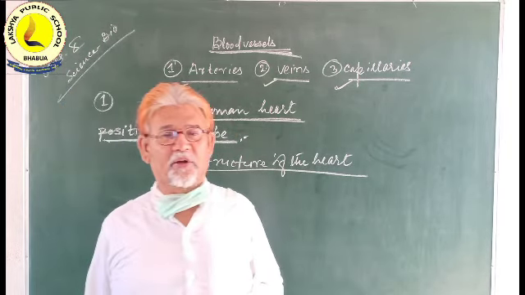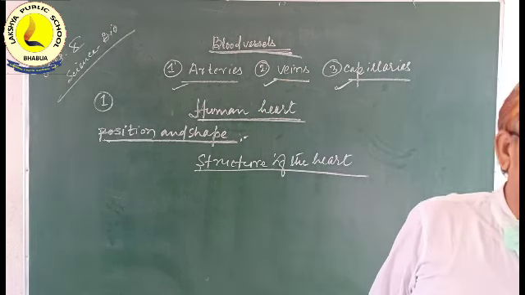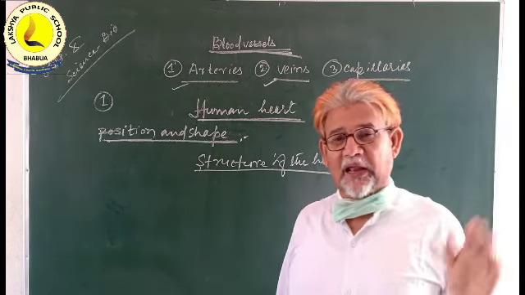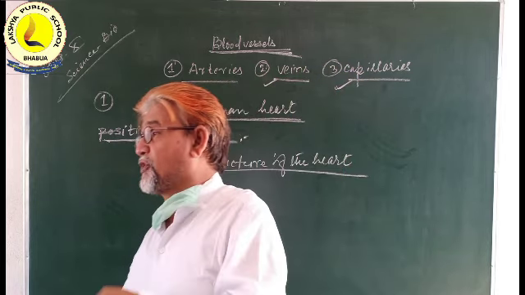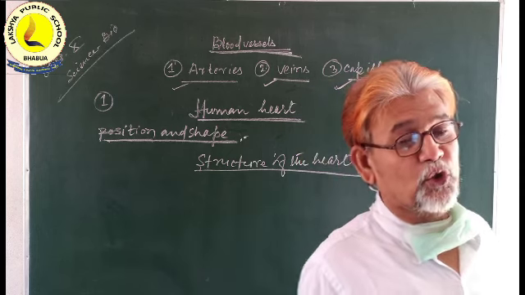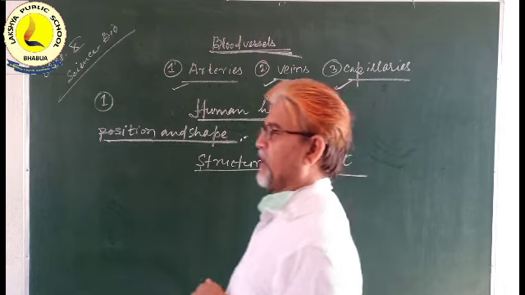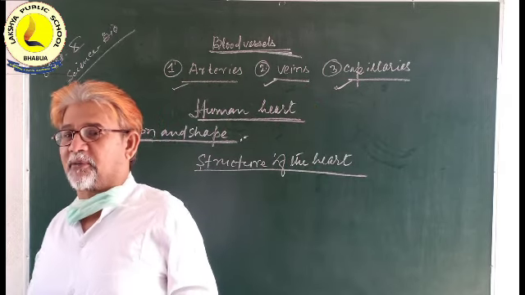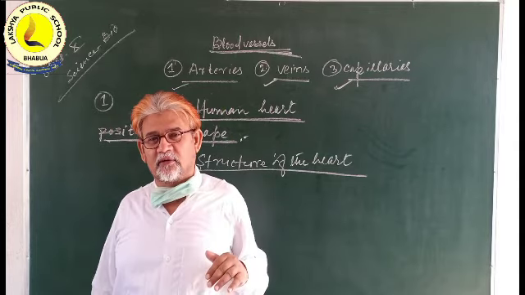The right auricle receives deoxygenated blood from the body parts, and this deoxygenated blood is carried by the 2 great veins, the superior vena cava and the inferior vena cava. Understood?